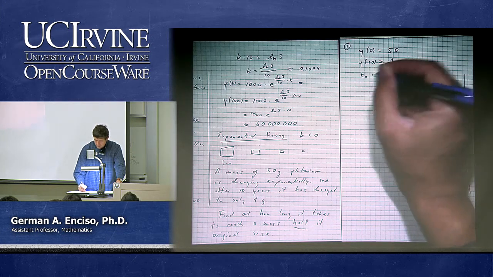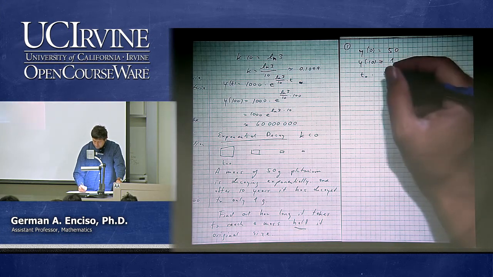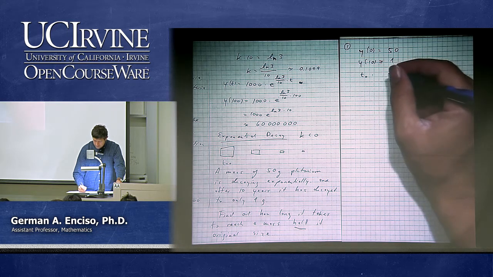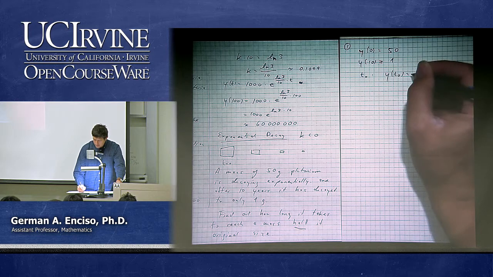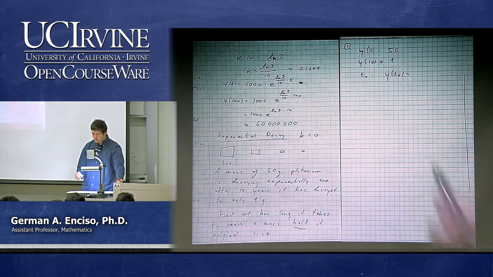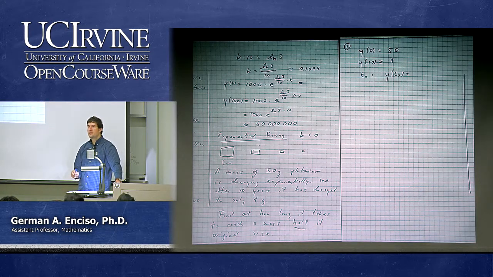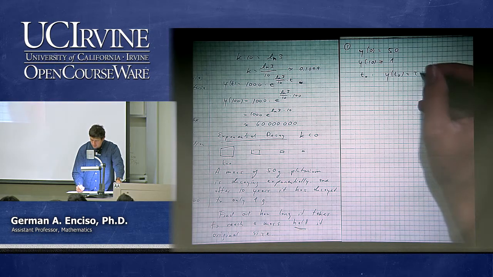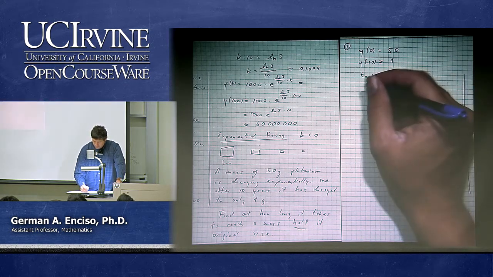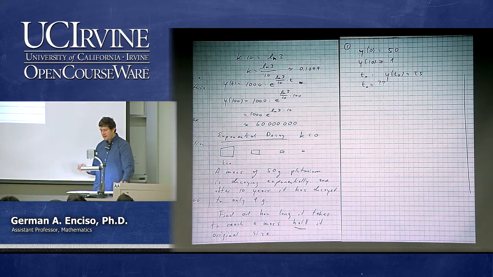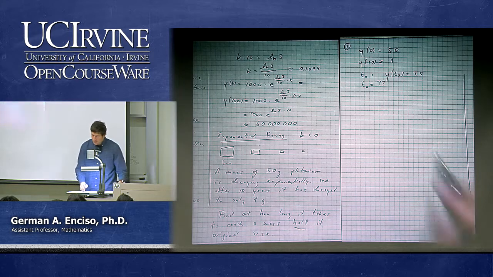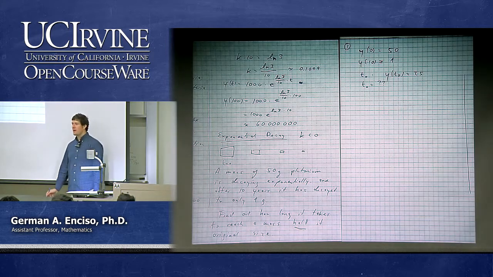Let's call it T0 such that y of T0 is equal to, in this case, how much? 25, right? And the question is, T0 equal to what? Let's find T0 such that y of T0 is 25 grams. That is the question.